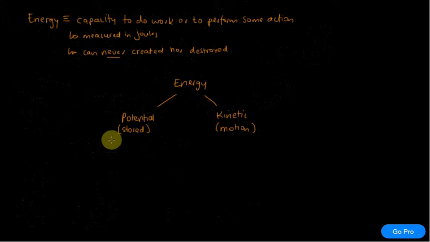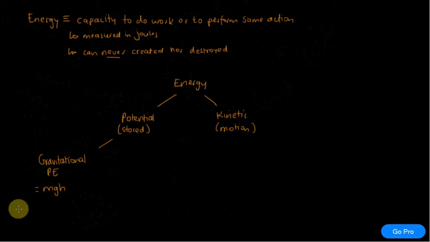So there's two primary potential energies. One is gravitational potential energy, which is in essence energy relative to position on the earth, right? And is expressed as mgh, mass times gravitational acceleration times the height at which you are.